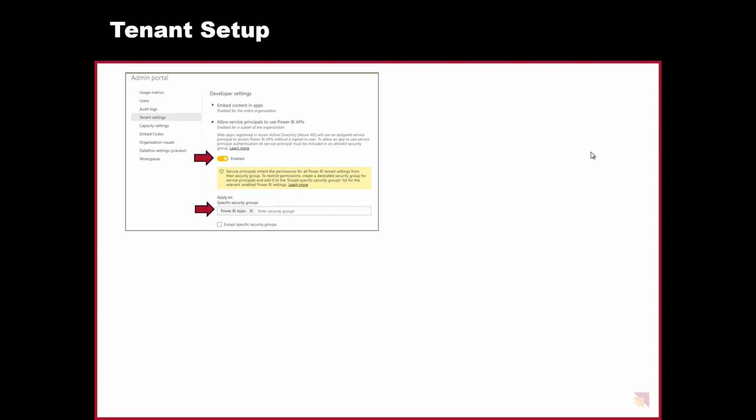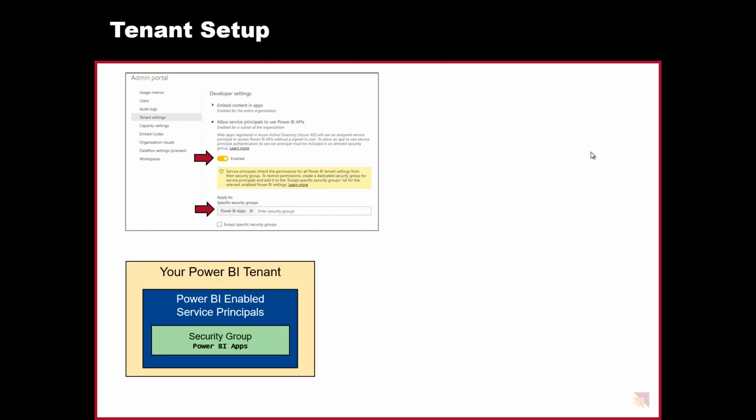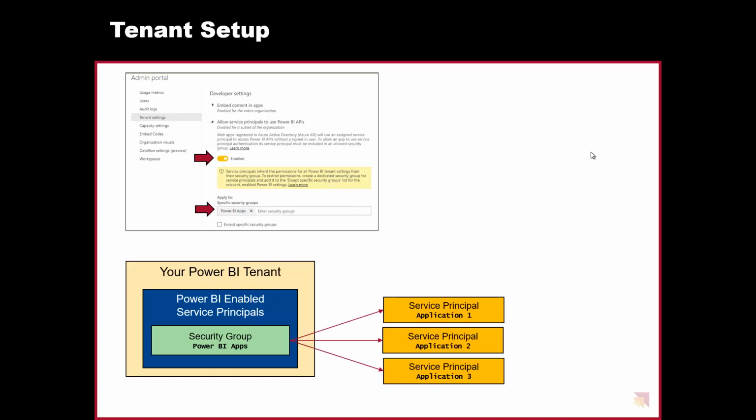Next, we're going to create an Azure AD group, and we're going to add it into the admin portal. And the idea is that you're going to create a security group. Let's just say we create a new security group named Power BI Apps. And then we're going to take the security principals for the apps and we're going to add them to that group. And that effectively makes these service principals have the access they need to call into the user APIs.